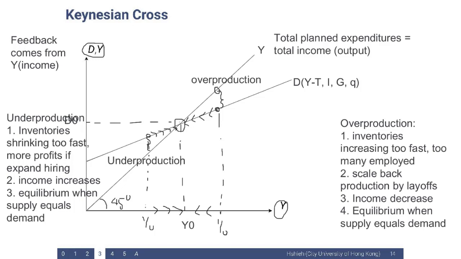So here we have overproduction. Then if that's the case, it should be clear what this gap means here. So here we are underproducing.